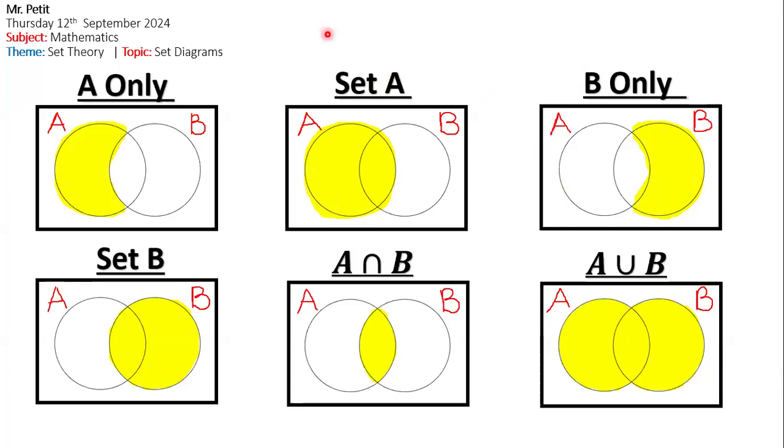Okay, so let me bring this one up. For the grade exercise, shade each diagram based on the instructions I give you. So let me construct it so you can see what I mean.